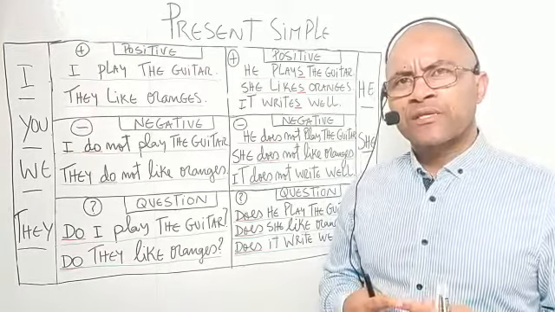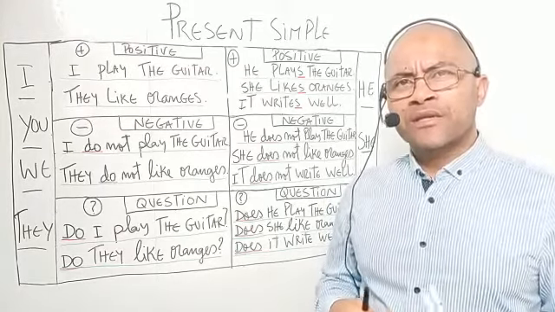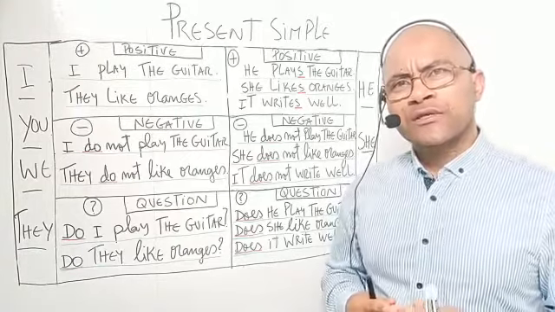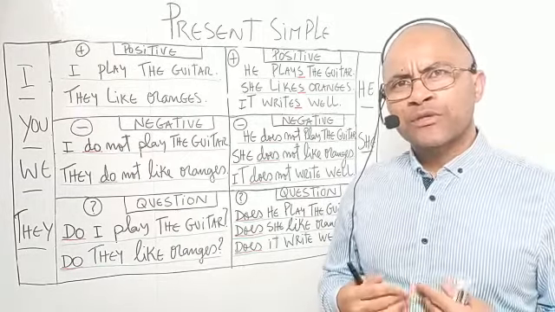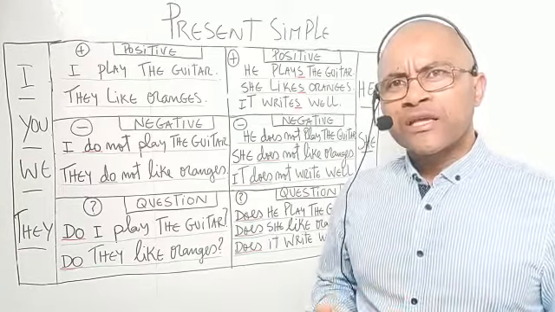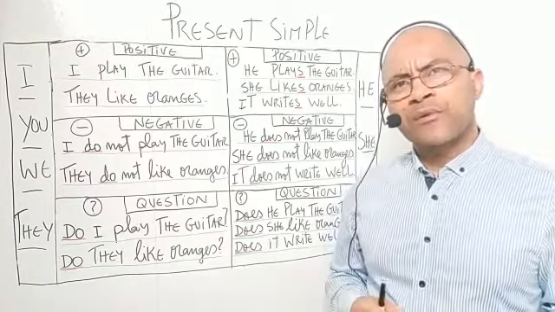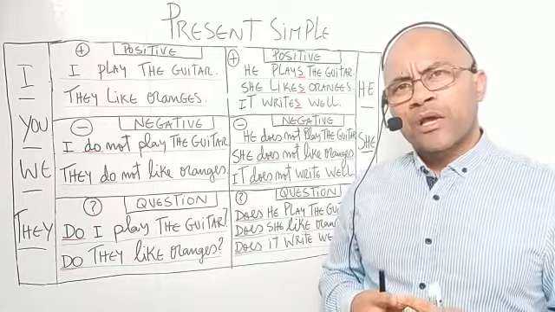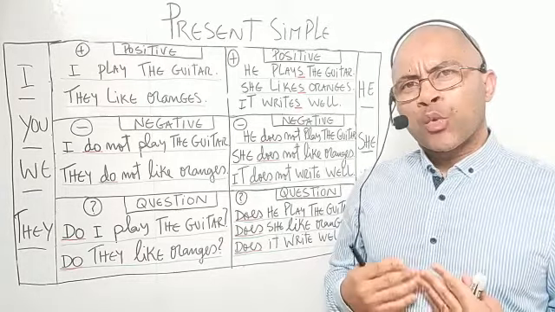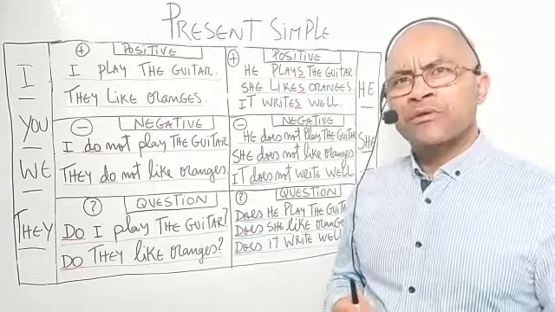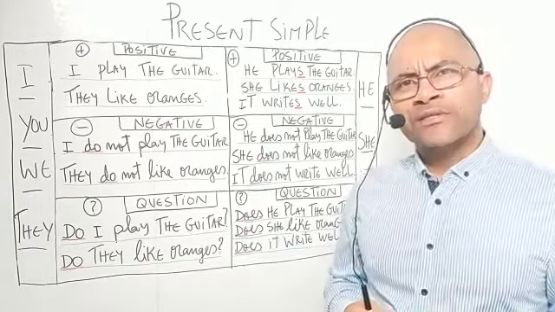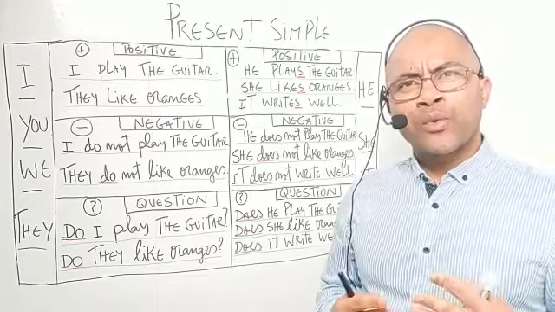We use it for things that are permanent, things that are true, things like habit. We use it for routine, like daily routine. For example, I wake up at 7 o'clock. We have to understand the structure of the present simple before we use it.